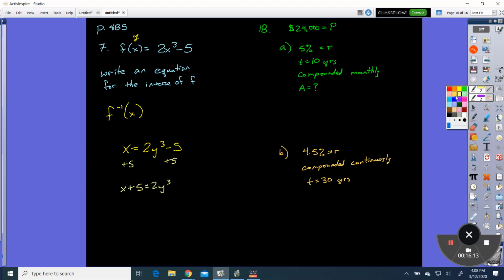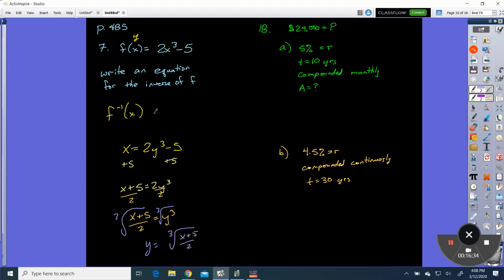Now I'm going to get rid of that times 2, so I divide it all by 2. So I have x plus 5 over 2 equals y cubed. Now I'd like to get rid of that cubed, so I cube root each side. And that's my inverse. So y equals the cube root of x plus 5 over 2 is the inverse of that function f. So I can write that the inverse is this, okay?